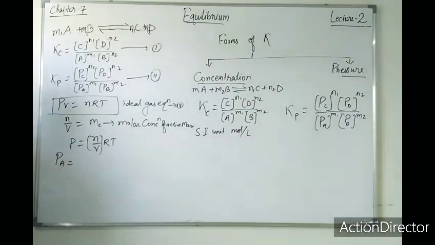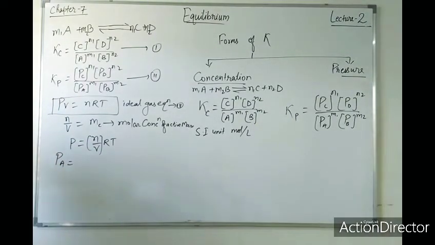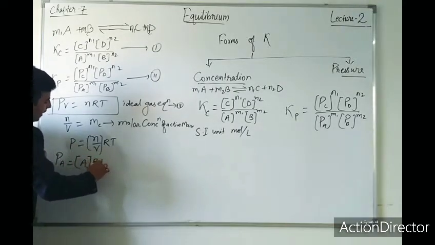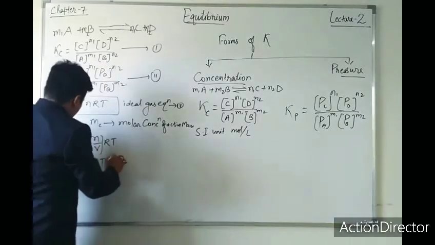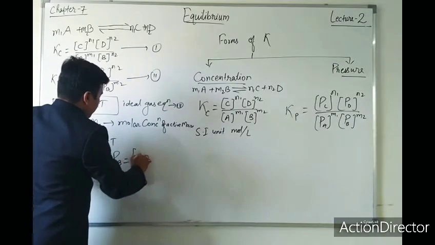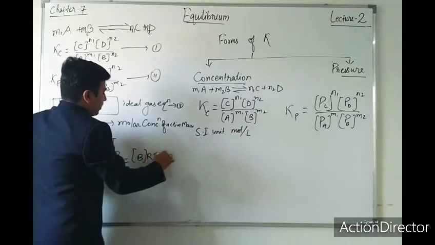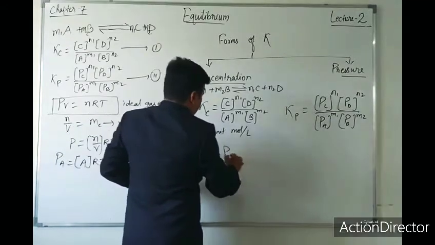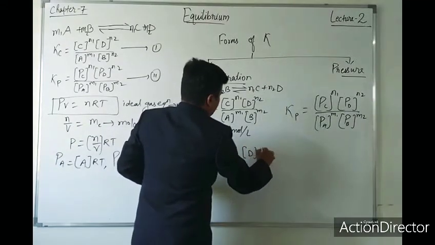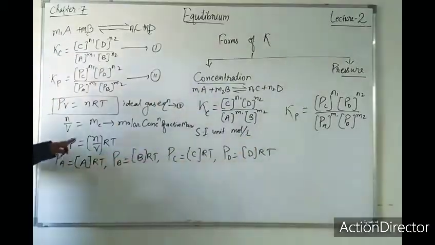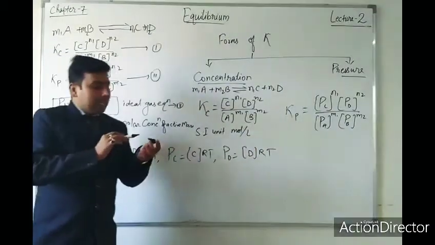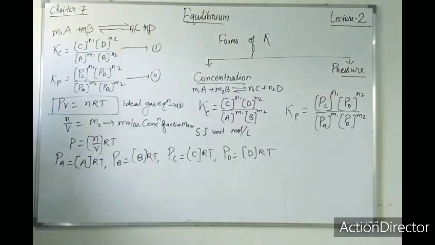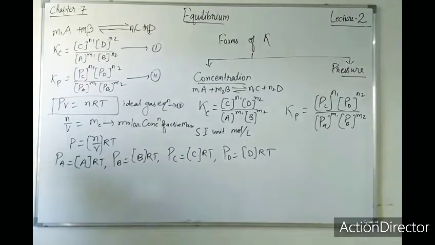Since n by V is molar concentration, PA is equal to the concentration of A times RT. Similarly, PB is equal to the concentration of B times RT, PC is equal to the concentration of C times RT, and PD is equal to the concentration of D times RT. These concentrations A, B, C, D are the molar concentrations of active masses, so I have also written n by V equal to molar concentration of active masses.